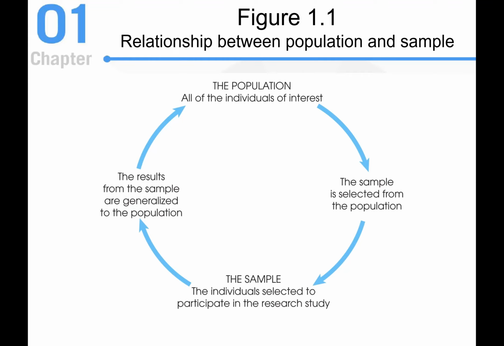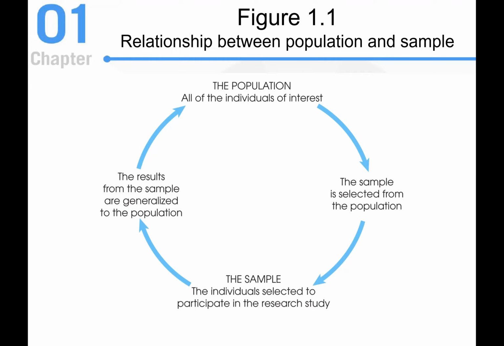And then what I want to do is take the results that I got from my study using a sample, and generalize the results to the larger population. So for example, if I found some information about the growth rate of the bunny rabbits that I used in my research study, the sample, I want to say the growth rates will be the same in the population of the bunny rabbits.